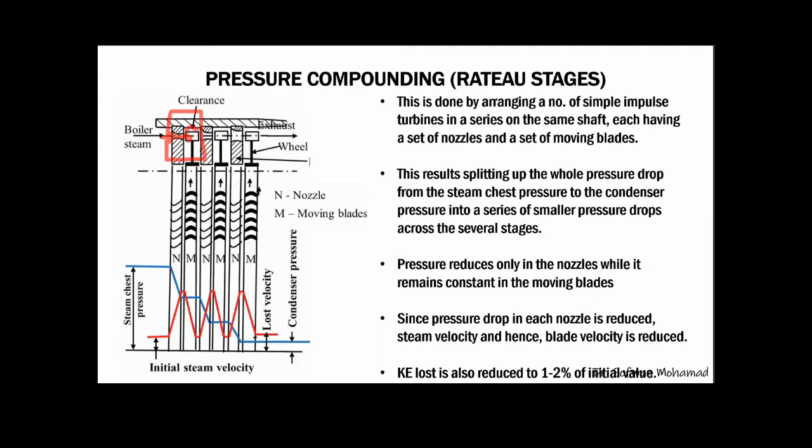But in pressure compounding, we have several of these stages. So we have nozzle number 1 and blade number 1, then nozzle number 2 and blade number 2, and nozzle number 3 and blade number 3.